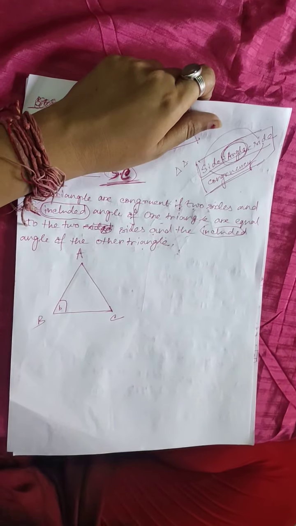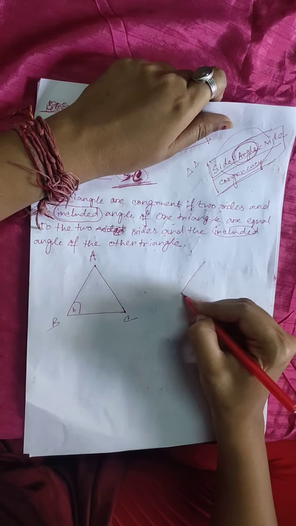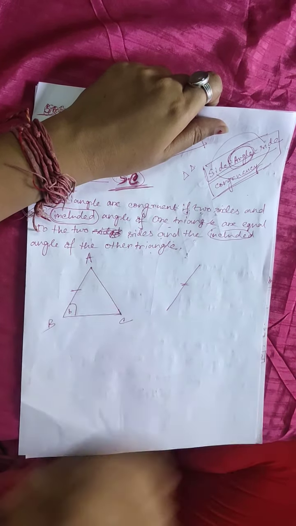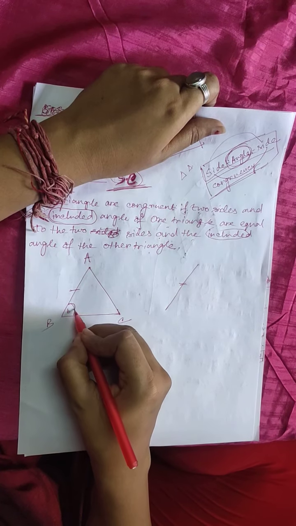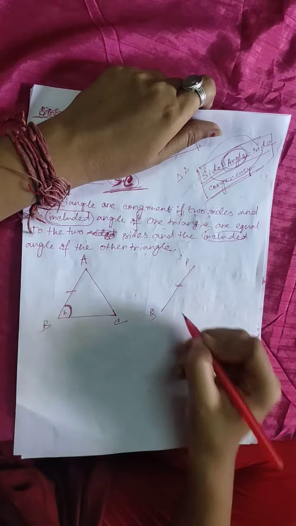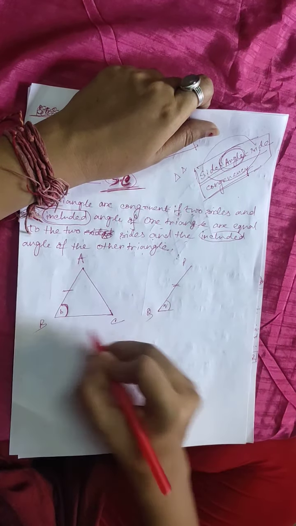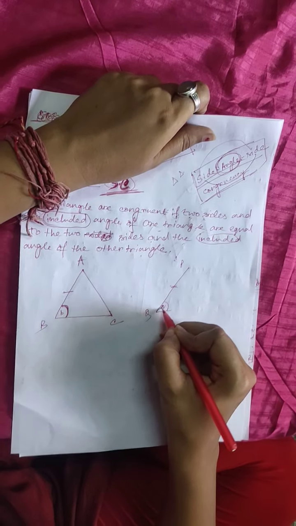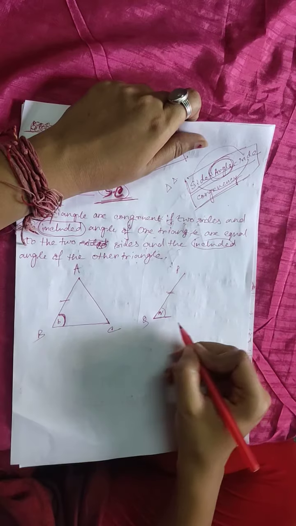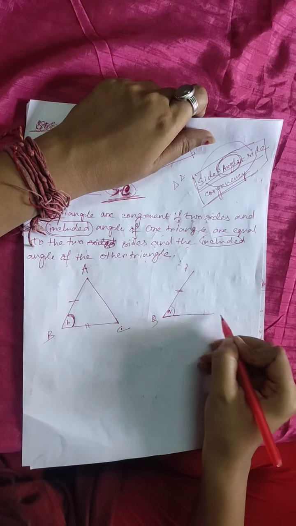Now, if I draw a line PQ equal to AB and an angle Q equal to B, and another side QR that will be equal to BC.